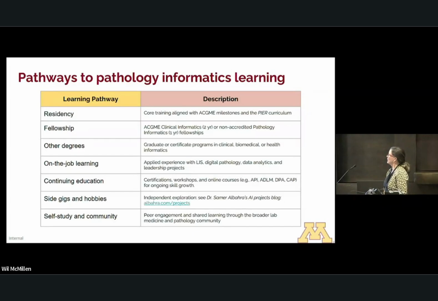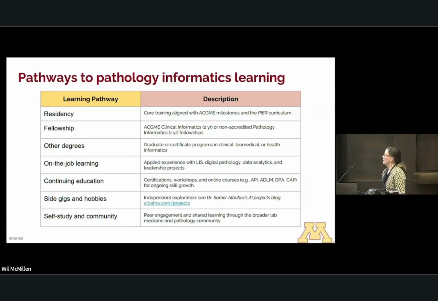And I was going to highlight, from Cleveland Clinic, their AI director, Dr. Samir Albara, has a great blog where he talks about his informatics passion, and also his earlier in-training side gigs like garage door opening devices, right? That helped him learn. So it all reinforces the same kind of problem-solving passion.